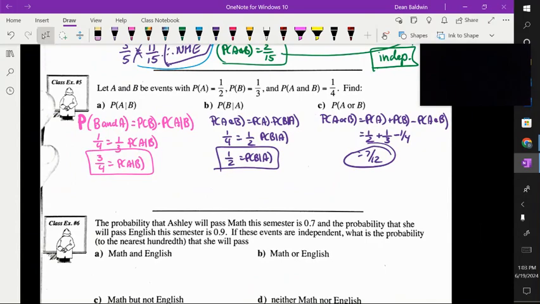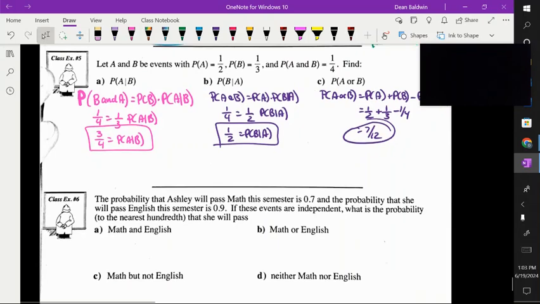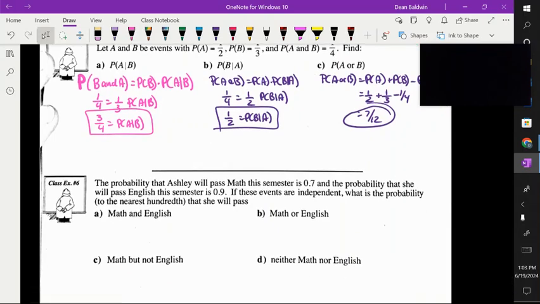Is that okay? All right, last question. The probability that Ashley will pass math is 0.7. Probability that she will pass English is 0.9. If these events are independent, what is the probability that she will pass math and English? So they're independent events.